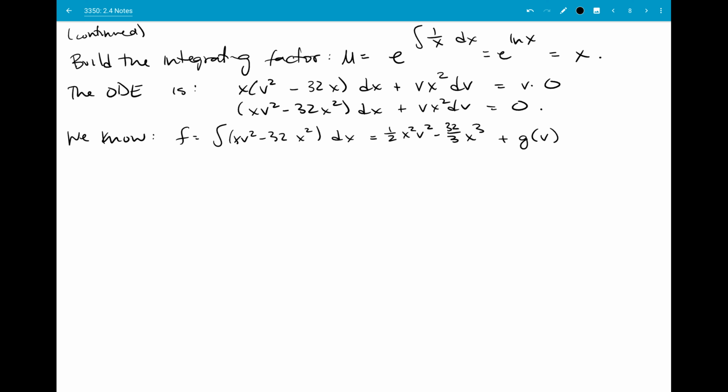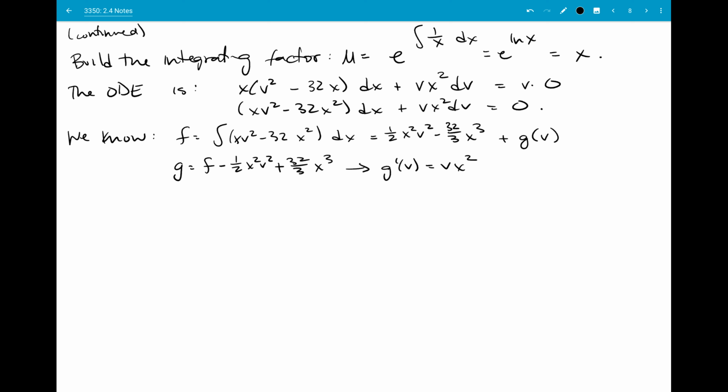And so then we say g is f minus everything we just found: 1/2 x squared v squared minus 32 over 3 x cubed, and plus 32 over 3 x cubed. So g prime of v is going to be df dv, but that's just our n, vx squared.